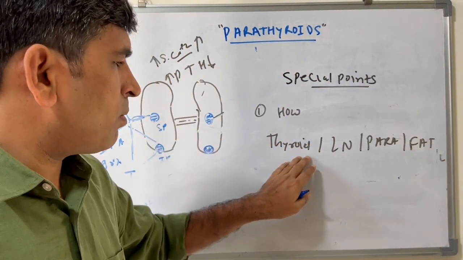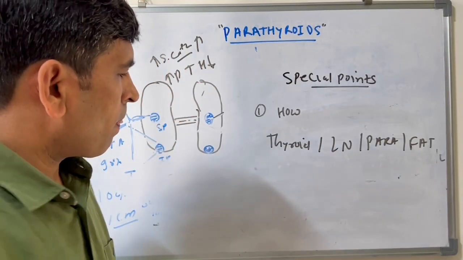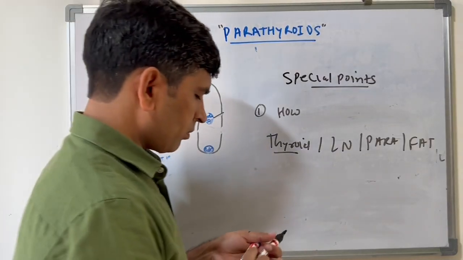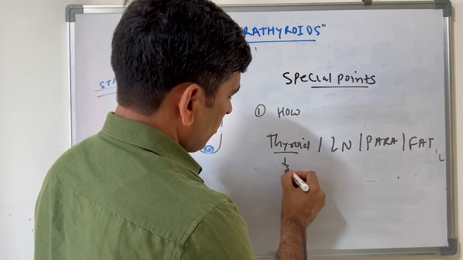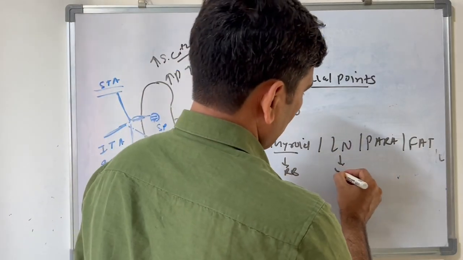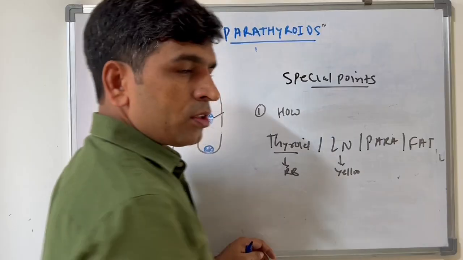The thyroid color is reddish brown, while the lymph node color is yellow white. And these two are firm in consistency.